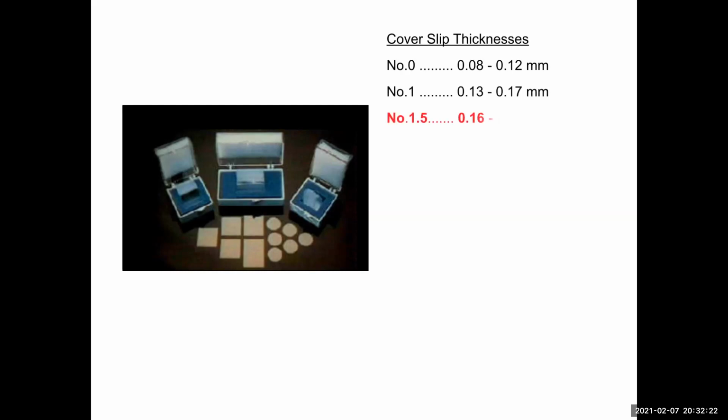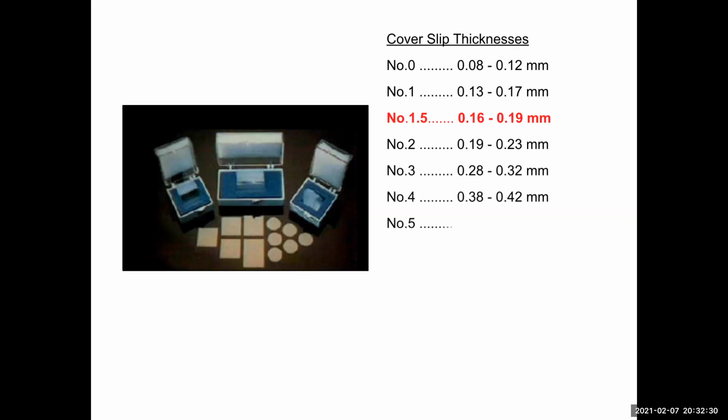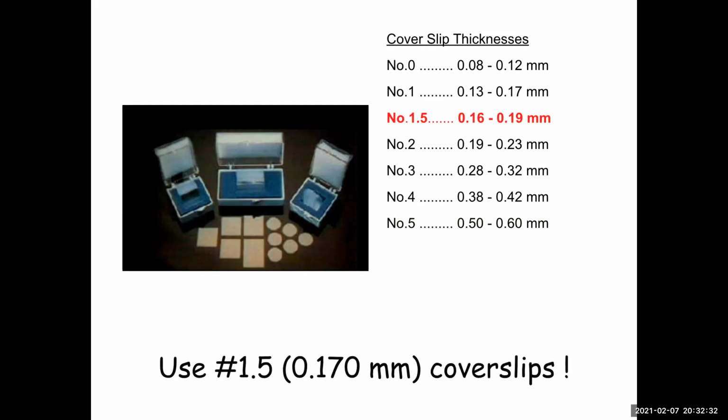So cover slips. Here's the weird thing. Well, I think it's weird. The weird thing is that they come in all sorts of thicknesses, also all sorts of shapes. Shapes is fine. Just do whatever works for you for shape. But here's the thing.